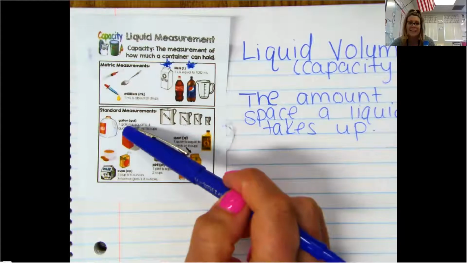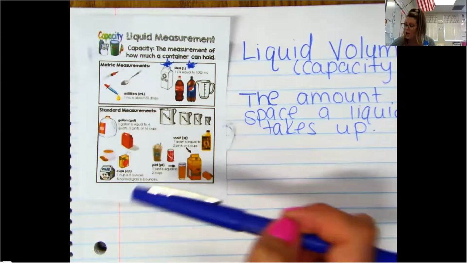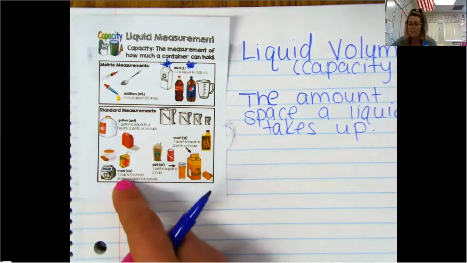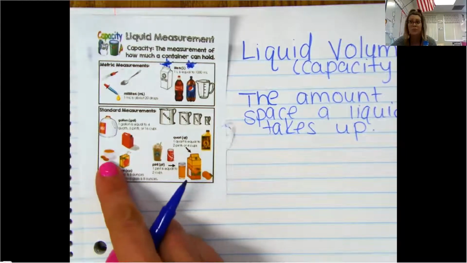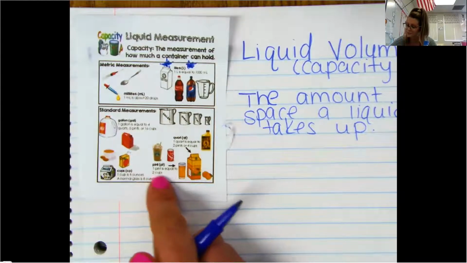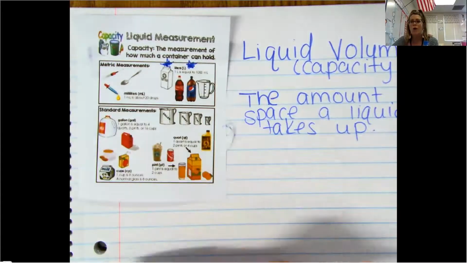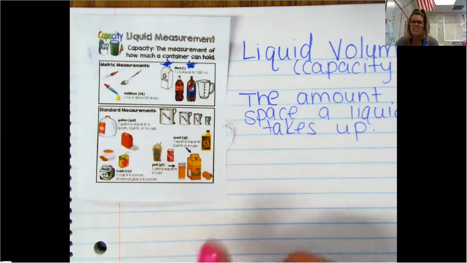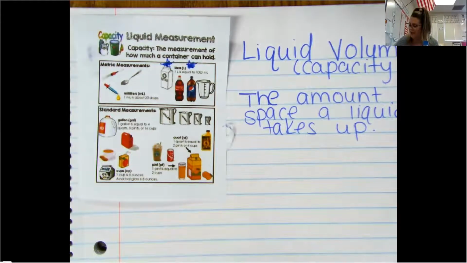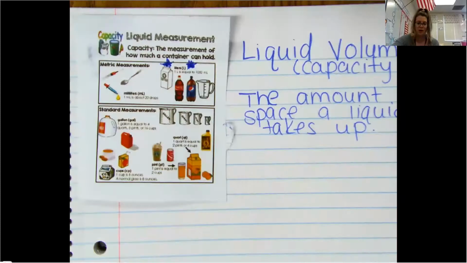Over here, gallons, like a big jug of milk that you might have in your refrigerator. Liquid can be measured in cups, and that'd be equivalent to, like, a teacup or a juice box. We've got pints and quarts. So you don't need to know all of these different types of measurements. I just wanted you to kind of have a good idea of what each measurement represents, okay? But liters are going to be the big one we're going to talk about, okay?